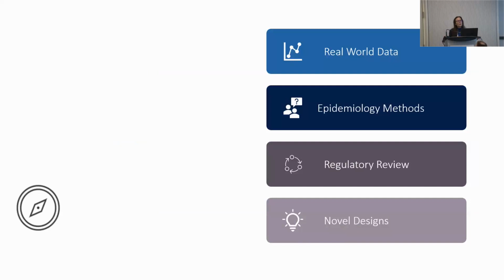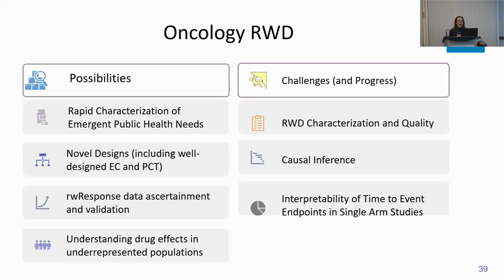So I will conclude by talking very briefly about novel designs and different ways to think about real-world data. I'm going to start by talking about where I think the possibilities and challenges are. In the possibilities, we've seen the use of real-world data for emergent public health needs, and it's been quite impressive.